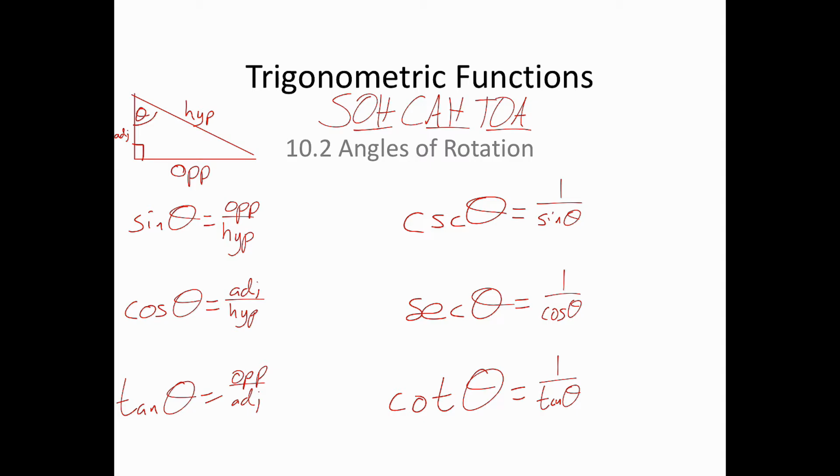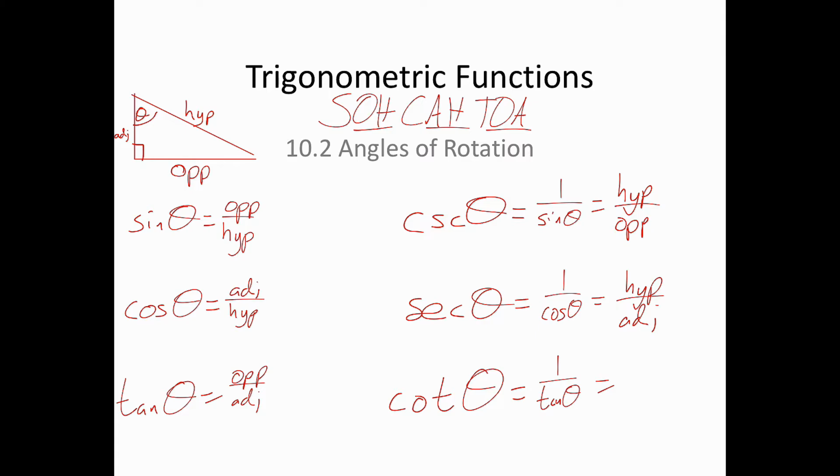Now also tying that back in with opposite, adjacent, hypotenuse. Since cosecant is 1 over sine, it's the reciprocal of sine. We're going to take whatever sine was, opposite over hypotenuse, and take the reciprocal of that, hypotenuse over opposite. Cosine was adjacent over hypotenuse, and so the secant, which is the reciprocal, is going to be the hypotenuse over the adjacent.